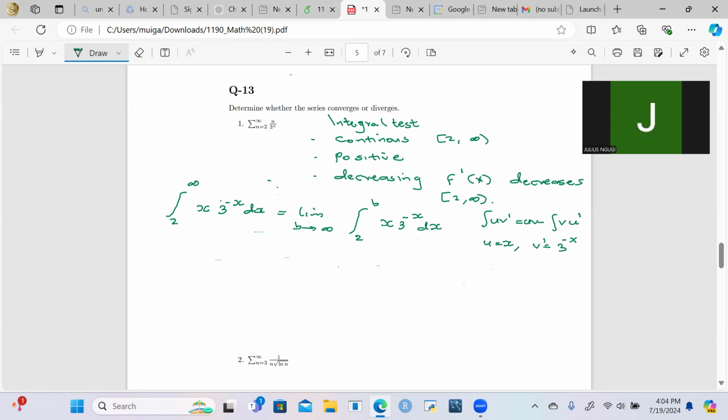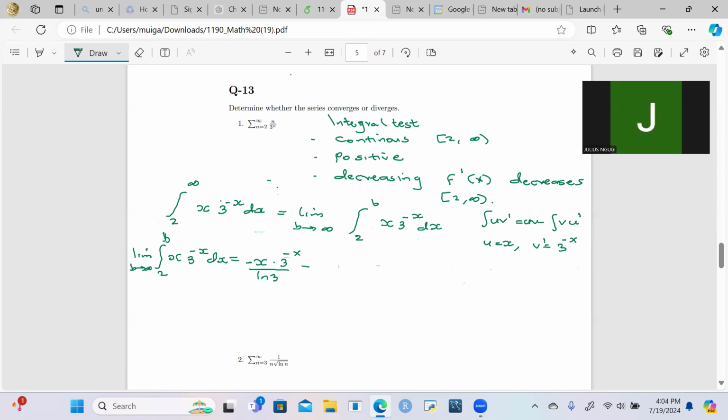So that means that the integral here, with the limit as b approaches infinity of 2 all the way to b of x times 3 to the power minus x with respect to x, equals u, which is x, multiplied by v. So we are integrating 3 to the power minus x. So the integral again will have a minus in front, 3 to the power of minus x, but we have to divide here by ln of 3.